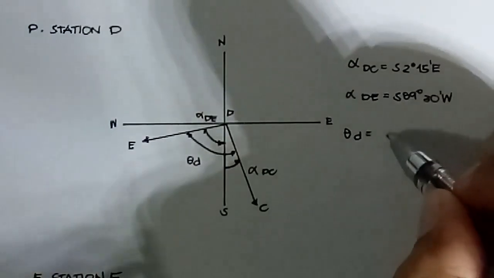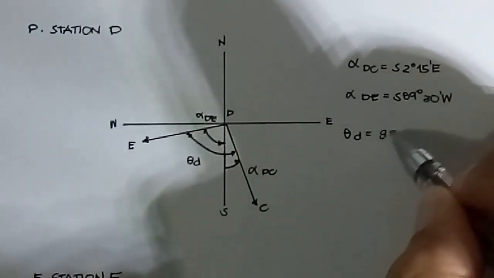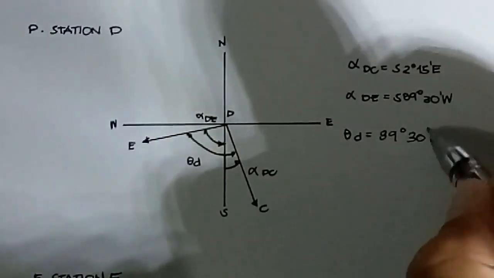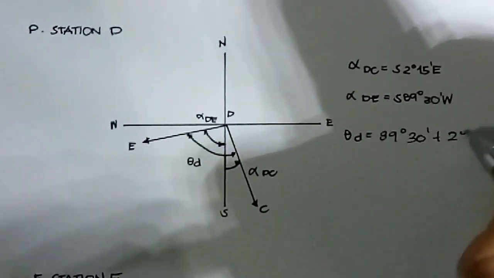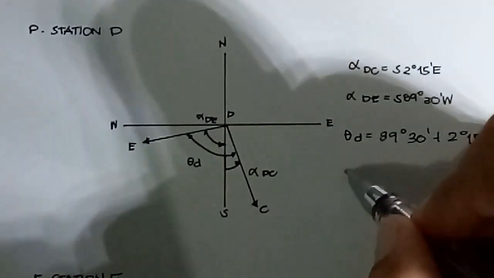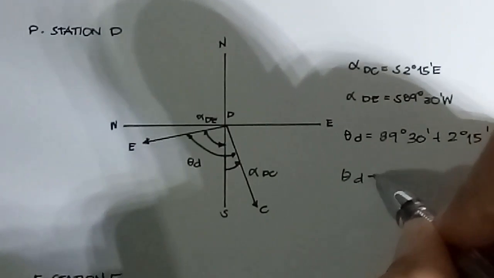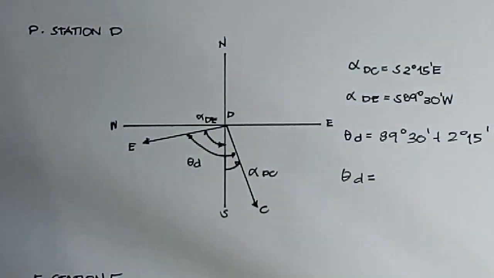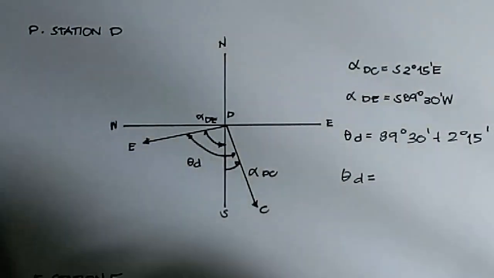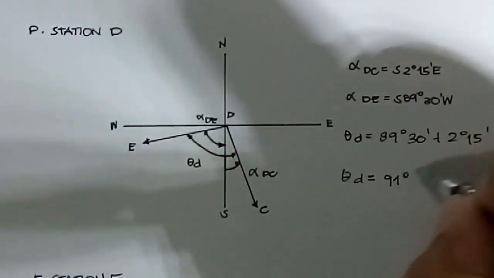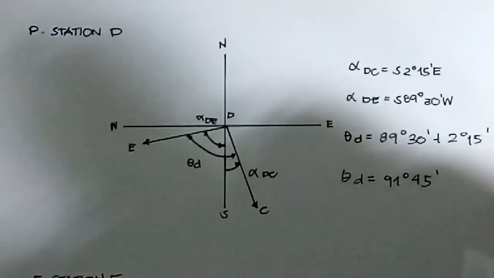So, ang kalalabasan niya is 89 degrees 30 minutes plus 2 degrees and 15 minutes. Ang final answer para sa interior angle ng D ay 91 degrees 45 minutes.